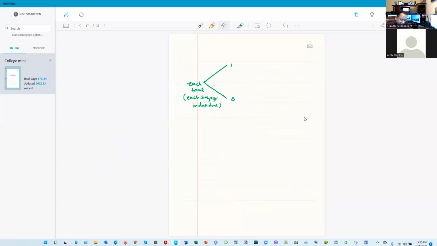Then you can say the probability when y equals 1, simply, I'm going to call p. The probability when y equals 0, I'm going to call q. P plus q is always 1. Q is nothing but 1 minus p. This one is called the success, and this one is called the failure.